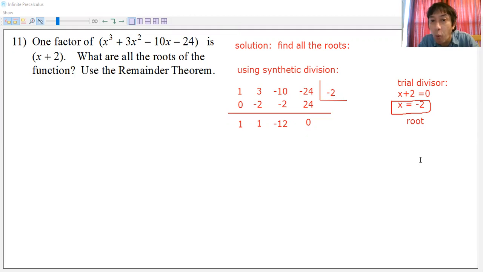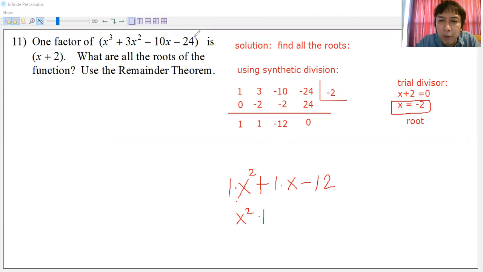You have that 1, 1, negative 12, and this means 1 times x squared plus 1x minus 12, or we can rewrite it like x squared plus x minus 12.